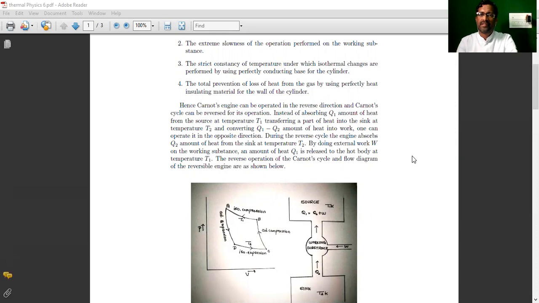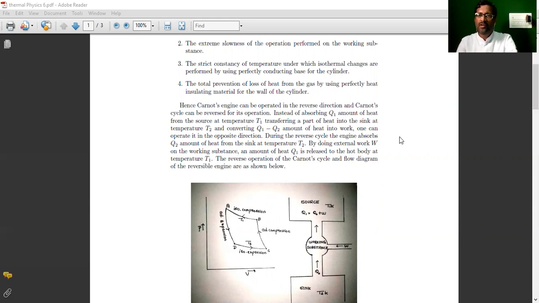So we have seen the figure in the PV diagram which shows a perfect Carnot's cycle. Now here we see that the Carnot cycle can be reversed in its operation.